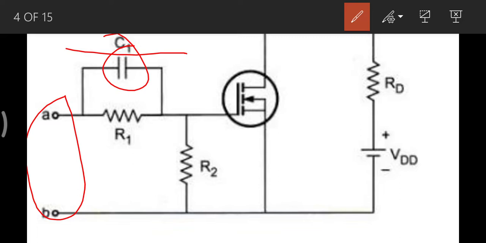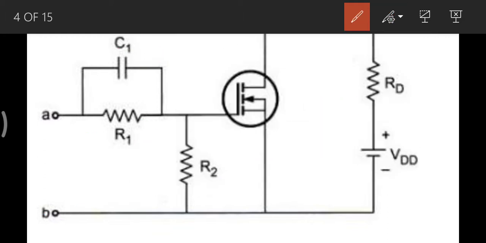So this capacitance should charge very quickly. As the capacitor C1 charges, the gate current reduces. See here, there are totally two paths: one path is through the capacitor and another path is through the resistor.